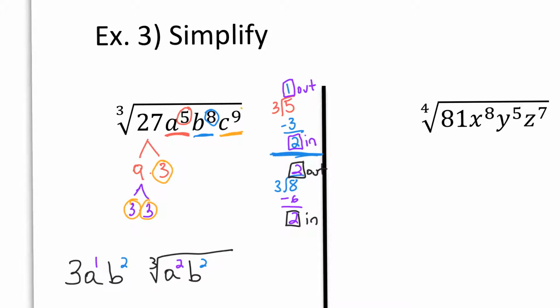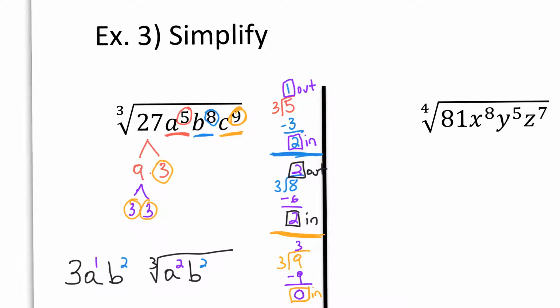c has an exponent of 9. Once again, you do the little division, 9 divided by 3. 3 goes into 9 three times, so that's 9, and the remainder is 0. That means inside of the radical you're not going to have a c, because c to the 0 power is 1, so you don't need that.